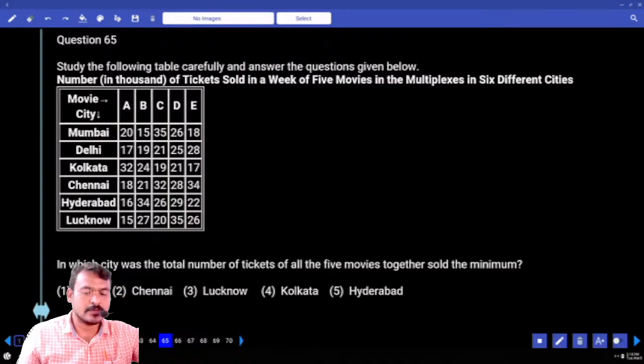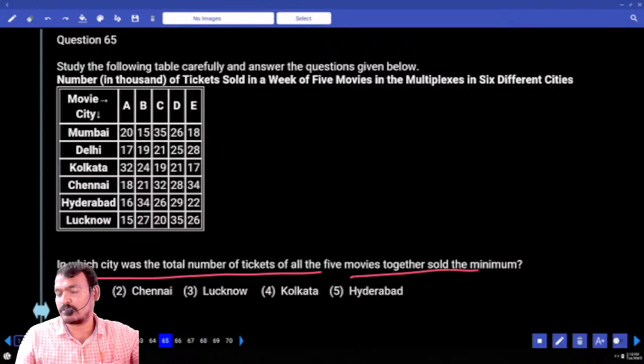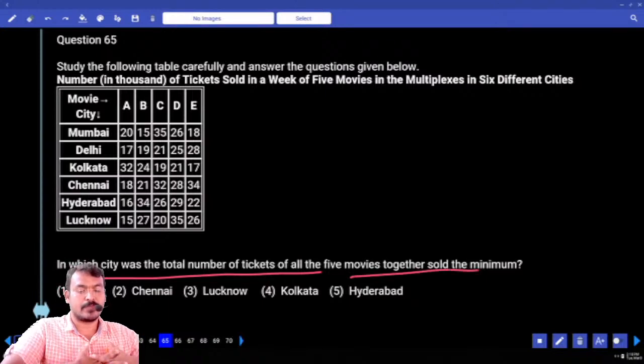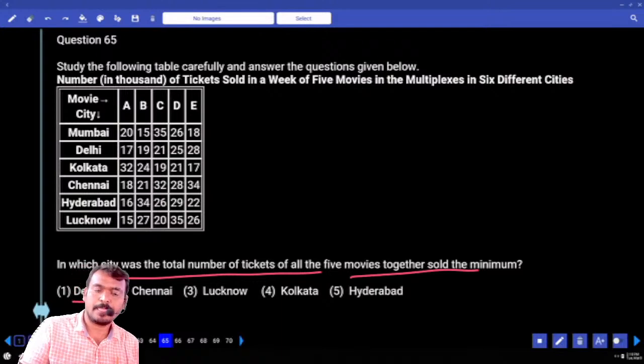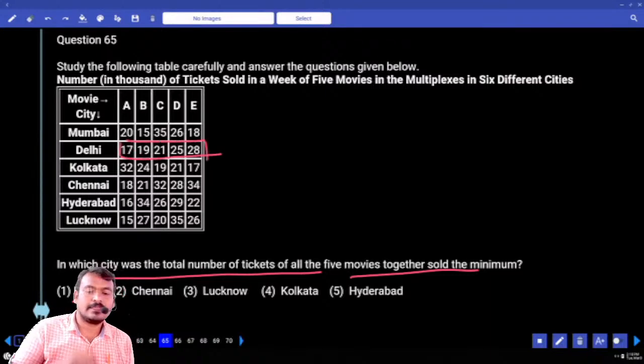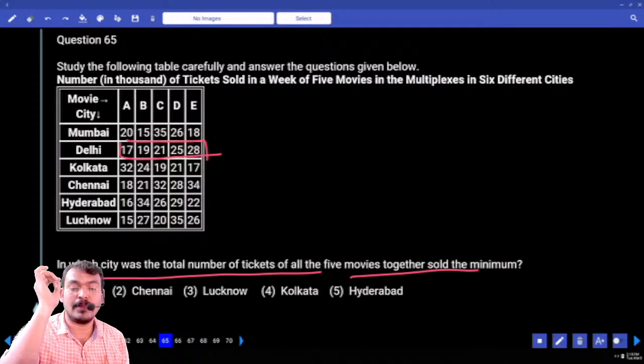In which city was the total number of tickets of all the 5 movies together sold the minimum or maximum? Minimum. The first option is Delhi. Horizontal adding or vertical adding? Horizontal: 17 plus 21, 17 plus 19.